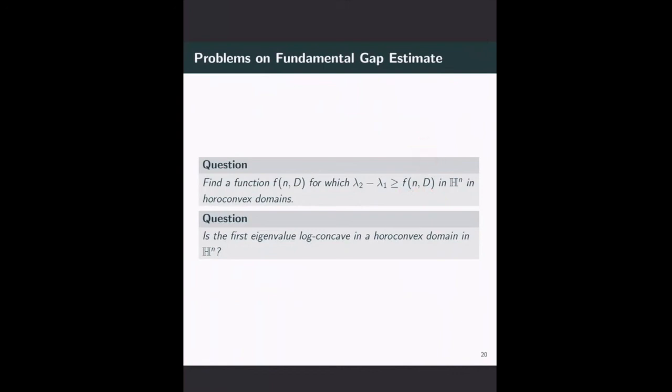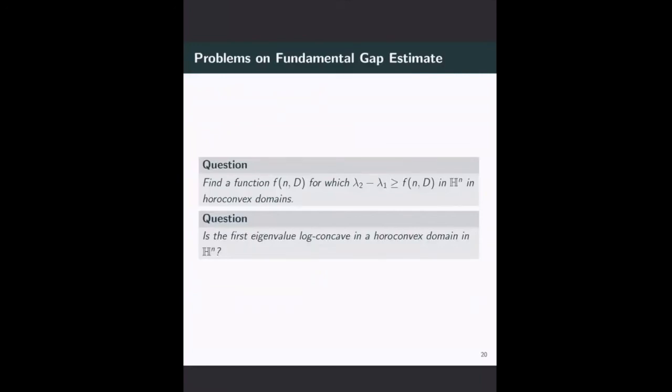Maybe it's 1 over d cubed. But what is the rate as d goes to infinity, at which the fundamental gap goes to 0? And it's the first eigenvalue log. So is this eigenfunction log concave in a horoconvex domain in Hn?